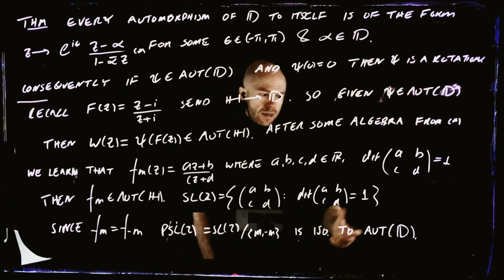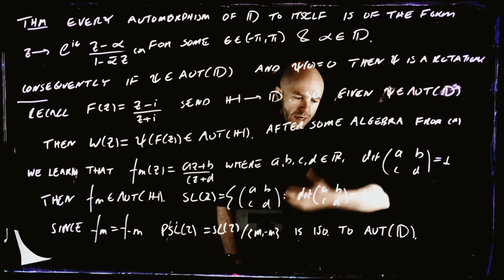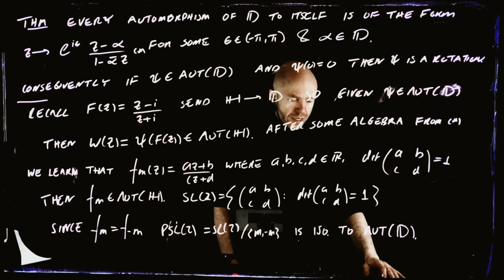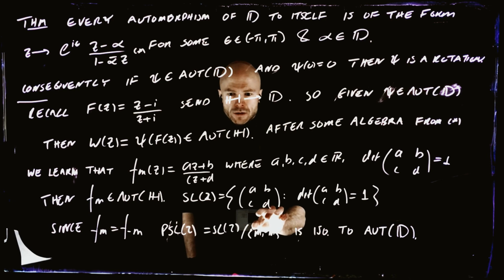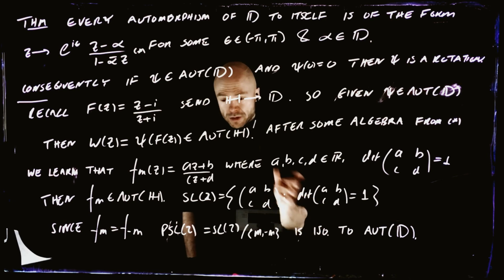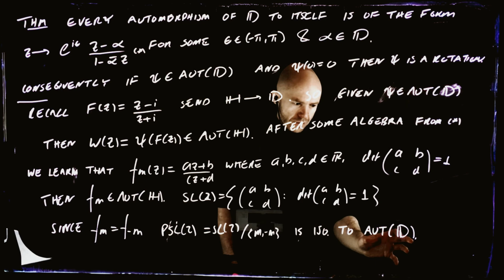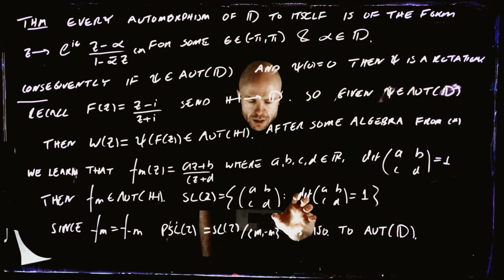So this analytic object, containing this huge number of potential mappings all acting on each other as a group, reduces down basically to this thing after we mod out m and minus m. Yeah, this is a very simple, natural, straightforward thing to understand. So it's very powerful that we can turn this into this.